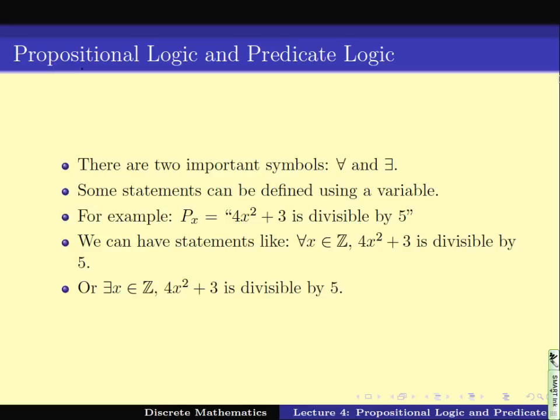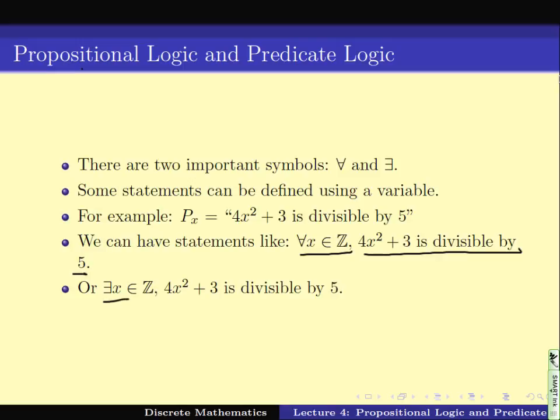There are two important symbols, which are the quantifiers for all and there exists. Some statements can be defined using a variable. For example, we can say something like, for all x in Z, 4x squared plus 3 is divisible by 5.